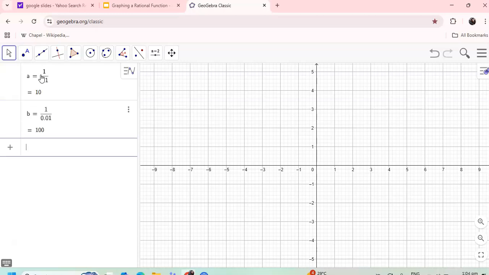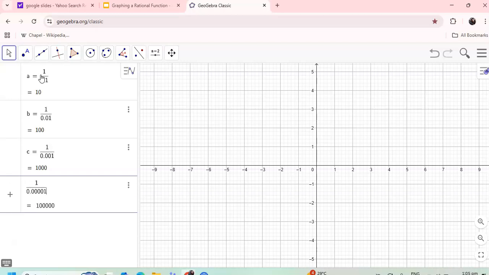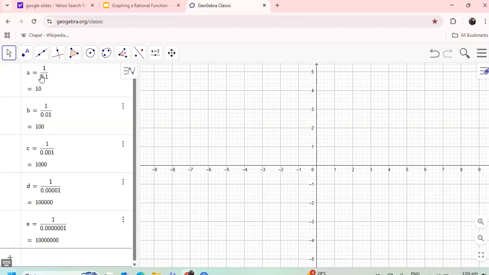So the number is 100 now. 1 divided by 0.001 is 1000. So as the denominator gets closer to 0, the value is getting bigger and bigger.